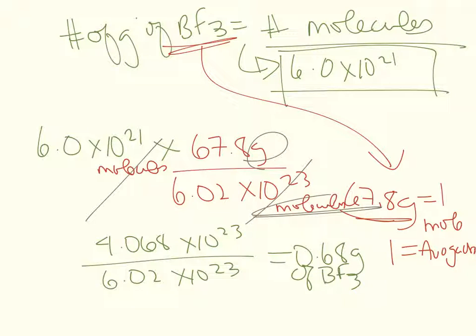Now we take that 6.0 times 10 to the 21 molecules, and this time we multiply by the molecular mass of BF3, which is 67.8. Again, we're using a unit fraction, saying that it takes 67.8 grams to create 1 mole of BF3, and 1 mole is 6.02 times 10 to the 23.